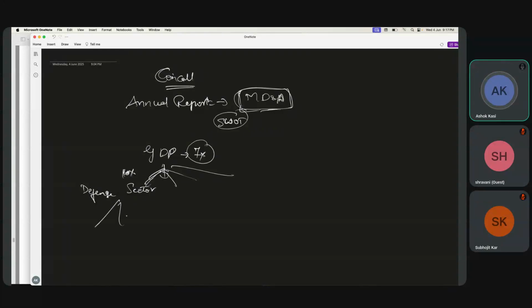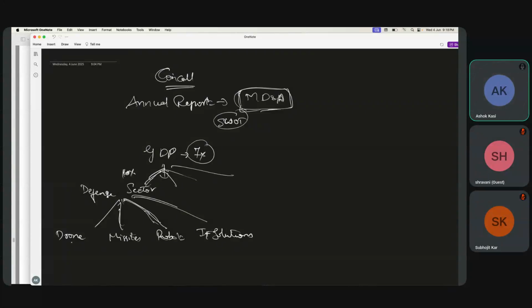Now in this defense sector also, there are many industries. One can be drone-making companies. Another one can be missiles. Another one can be robotics. Another one can be giving IT solutions to all these defense companies.